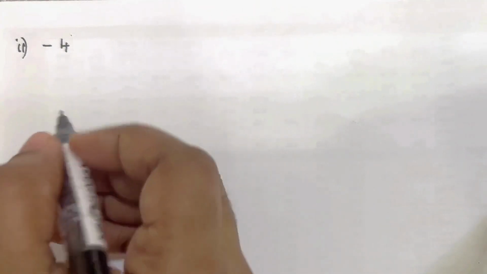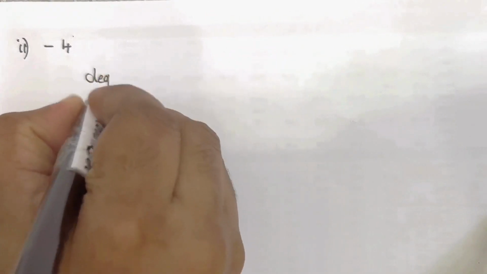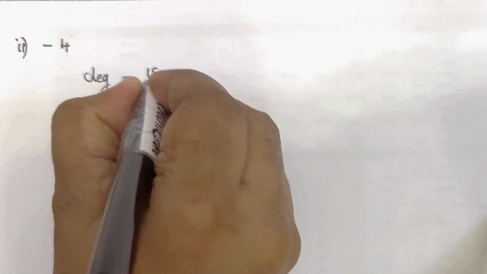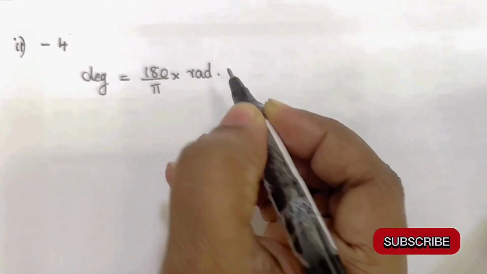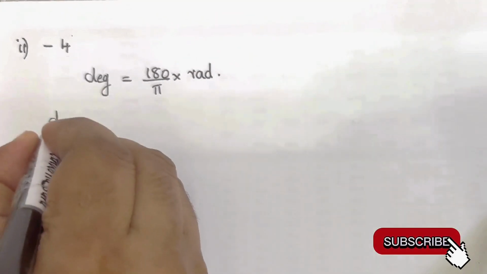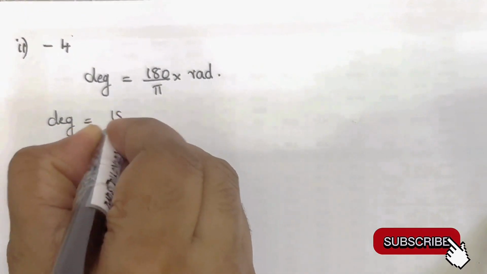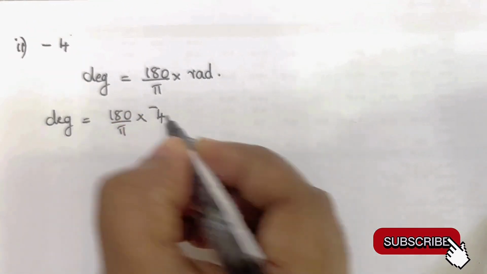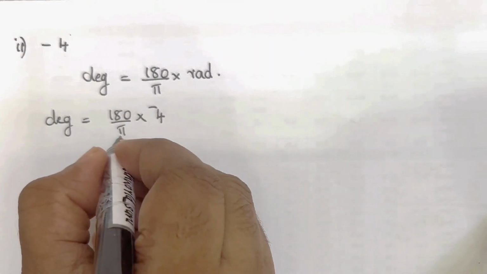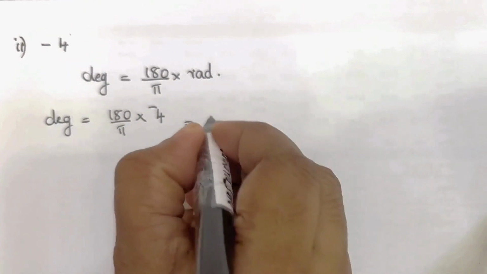Question number 2, minus 4. Use the same formula: degree measure is equal to 180 by pi into radian measure. The given radian measure is minus 4. Use pi as 22 by 7.